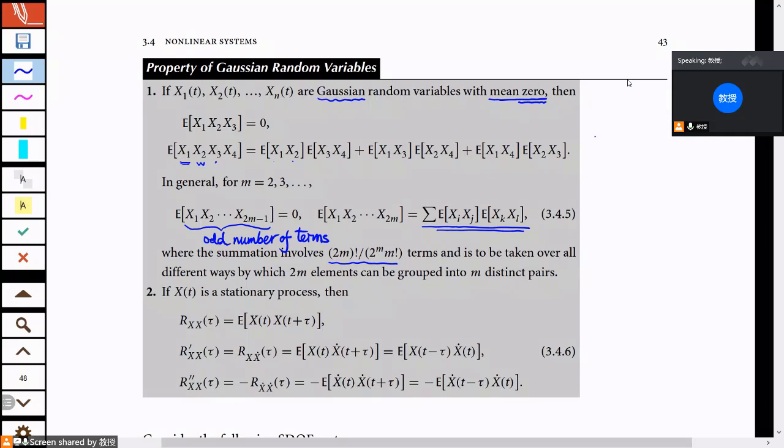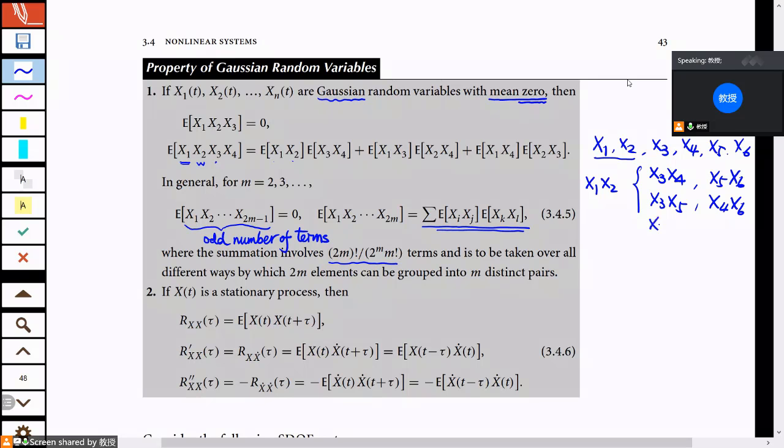You have 1, 2, 3, 4, 5, and 6. So you would have x1 and x2 first, and then you have 3, 4, 5, 6 left. So that can go with 3, 4, and then 5 and 6. Then you go 3 and 5, then you have 4 and 6.